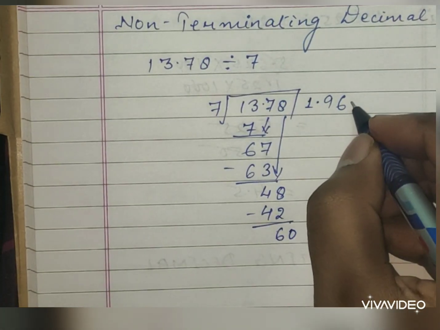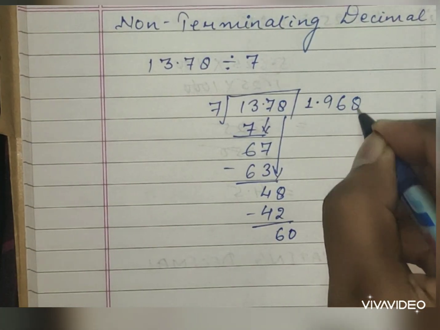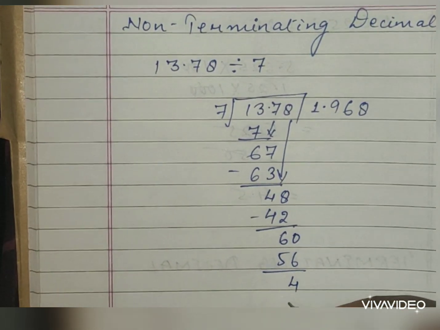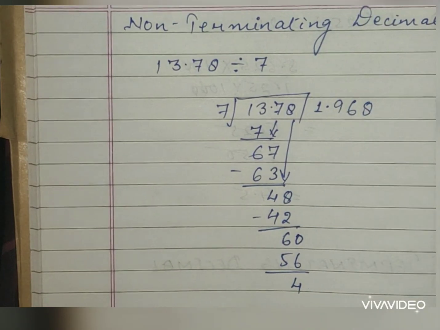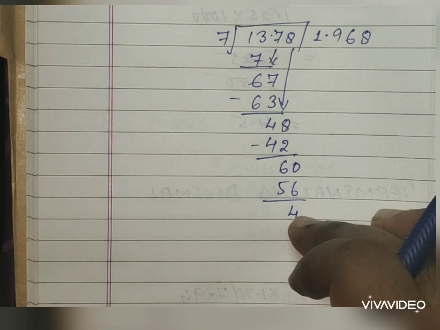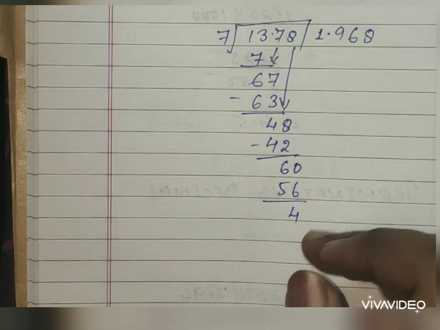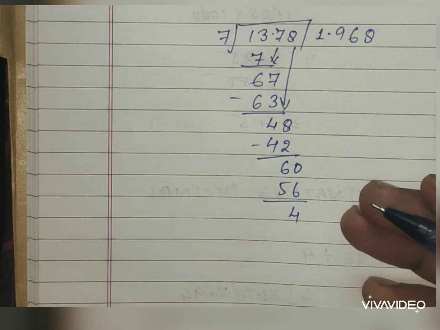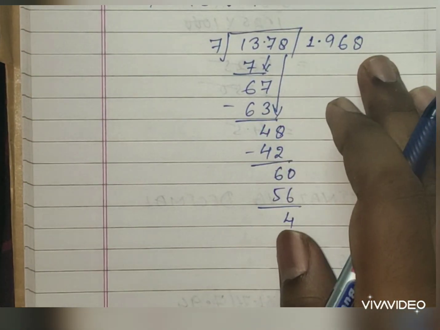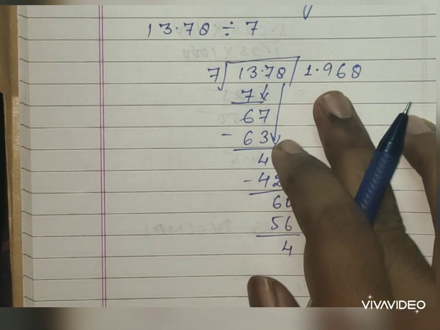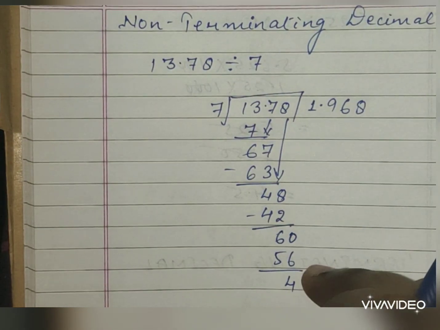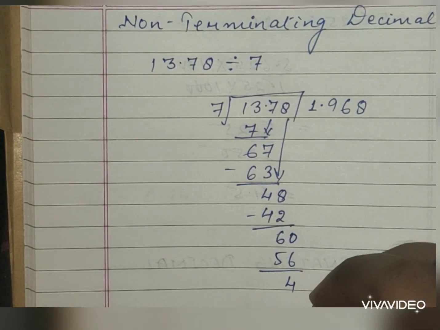So now 7 8s is 56. As you can see, the remainders are coming again and again, means that it is not dividing fully, and the numbers are going on. So this is called a non-terminating decimal, means that in the remainder there is something left in it.